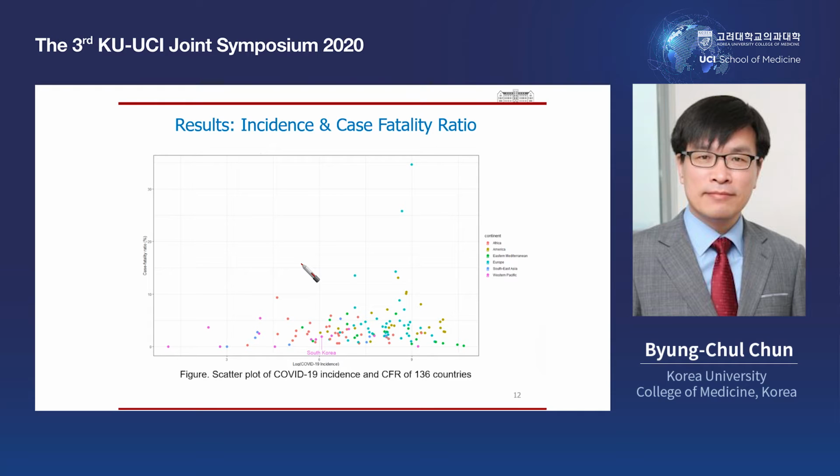Now, this figure is for the association of incidence and case fatality ratio. The pink and blue dots at lower incidence represent the countries from the Western Pacific region and Southeast Asia. On the contrary, in the highest incidence regions, you can see many green dots and brown dots, which represent the countries from Europe and America respectively.